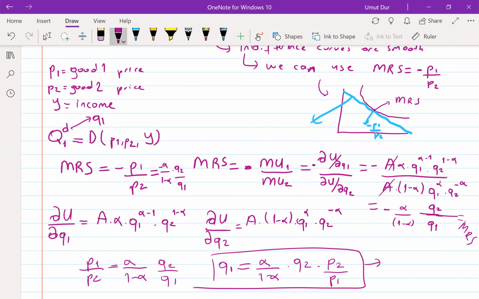Okay, so I got a relation for Q1 in terms of the alphas, which are the parameters in the utility function, Q2, and the prices. So then my question is, is this the demand function?